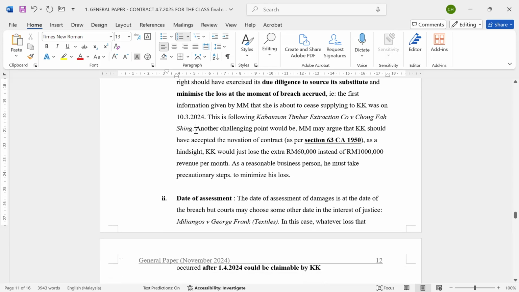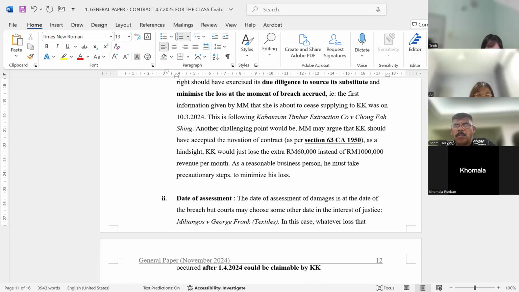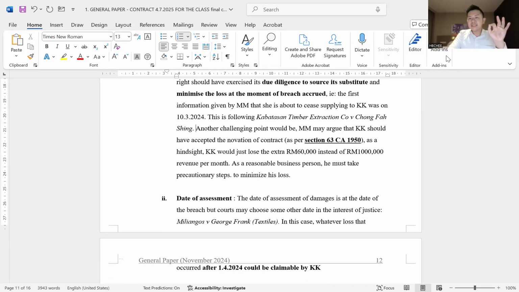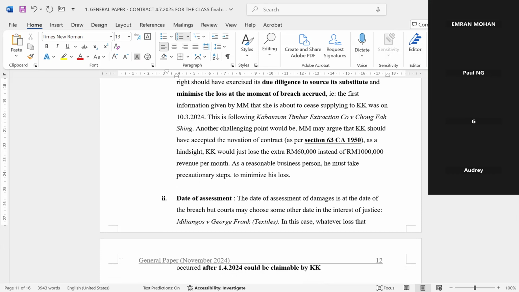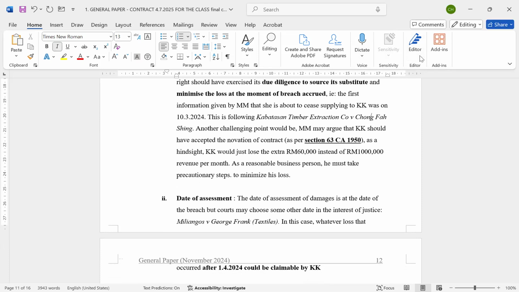Okay. Another challenging point, if you look and you be realistic a bit, is that this breach itself, although it has happened, but initially could have been prevented if, let's say, KK would just top up another 60,000 ringgit per month, isn't it?